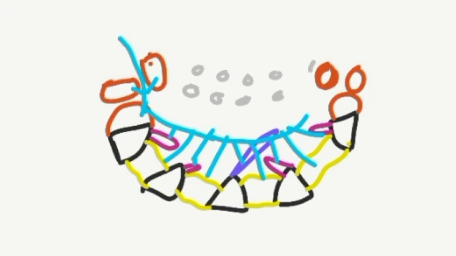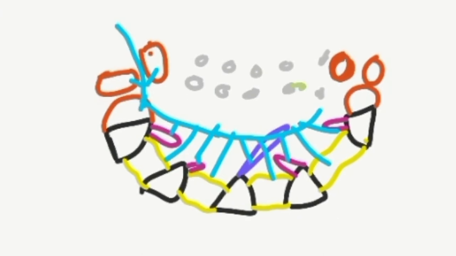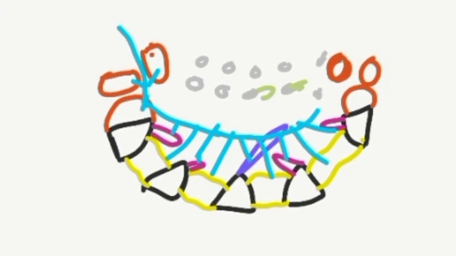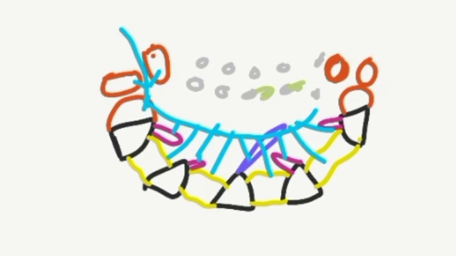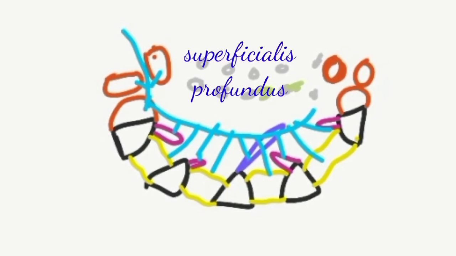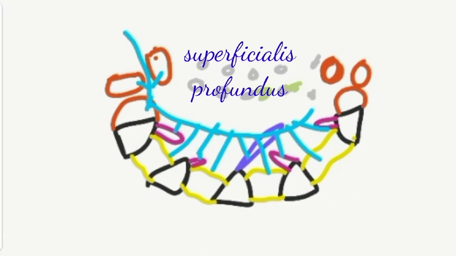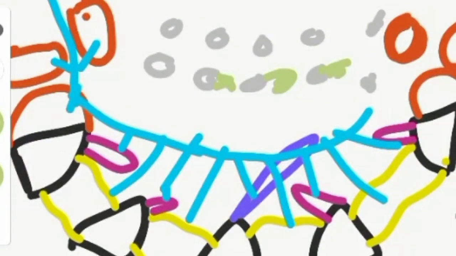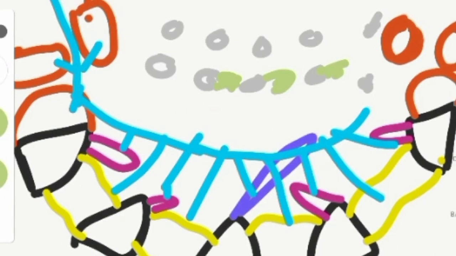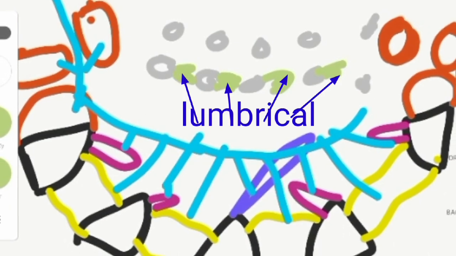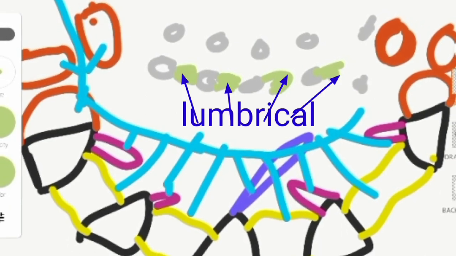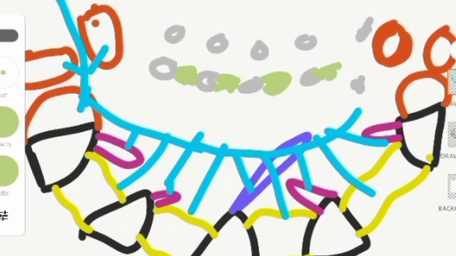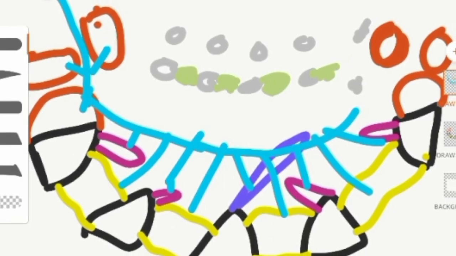The first and second lumbricals are unipennate, and they arise from the first and second tendons of the profundus muscle. The third and fourth lumbricals arise from the adjacent sides of the profundus tendons, so they are bipennate.